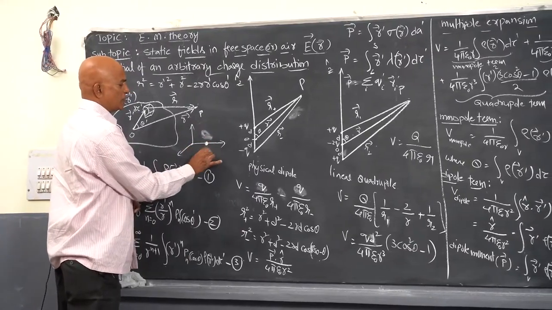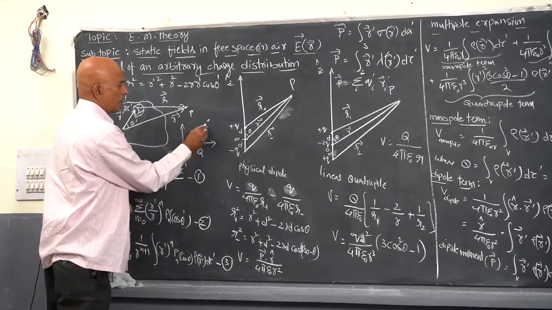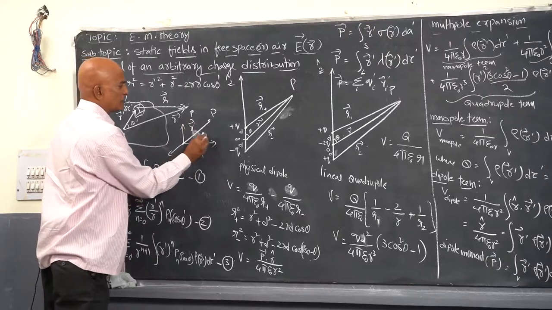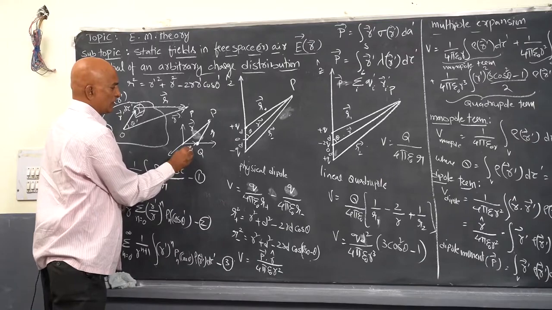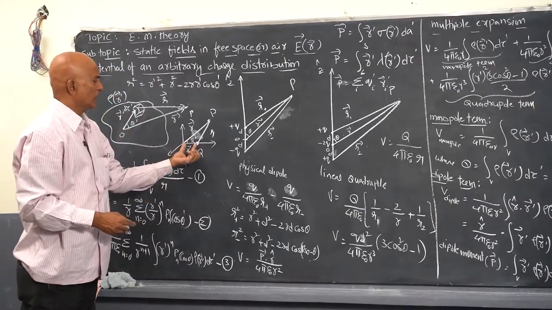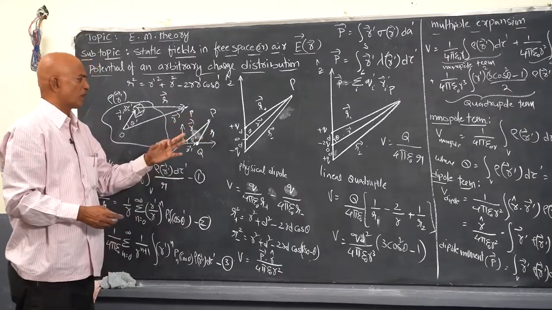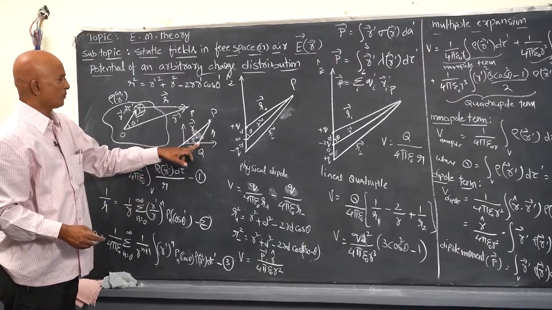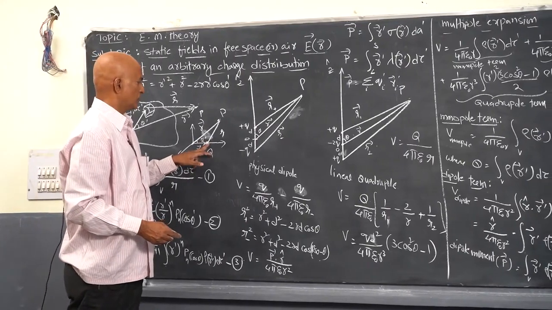So when the point charge is shifted, what happens? This is the field point, this is the position vector r, this is the separation vector, and this is r prime. This is theta prime. The same figure I have shown for a point charge. Now at this point P, what is the potential due to this charge? Q by 4 pi epsilon naught times the separation vector.